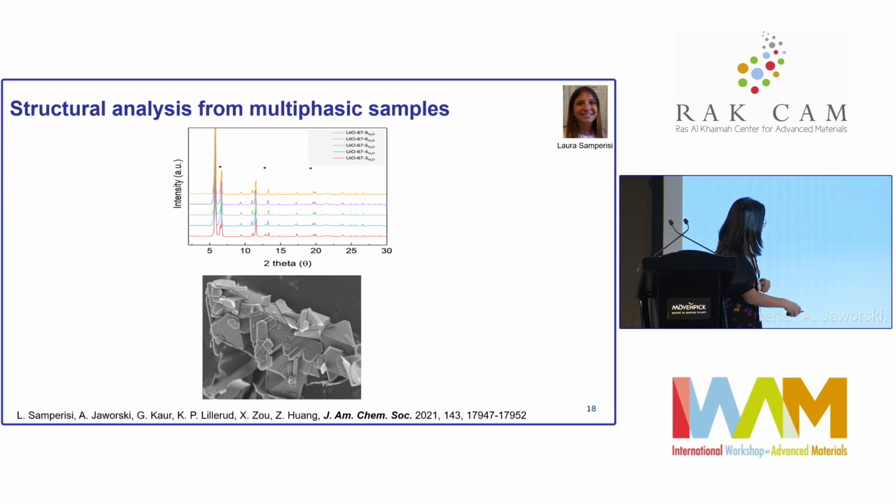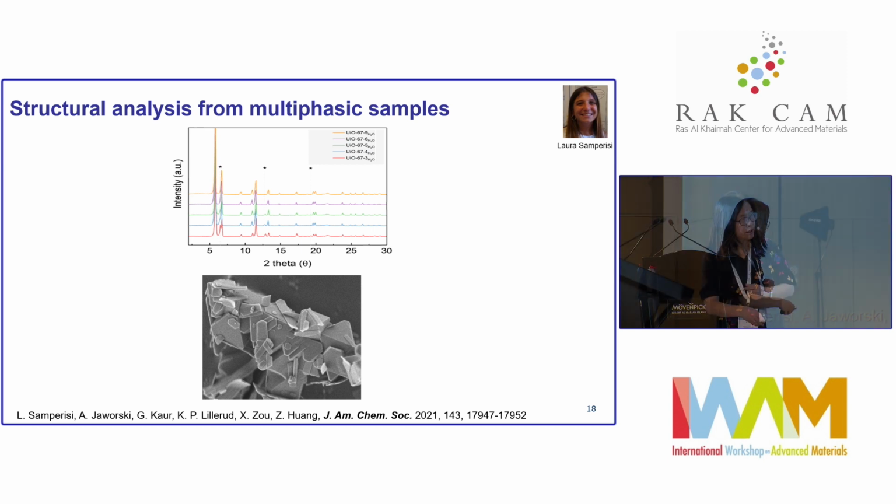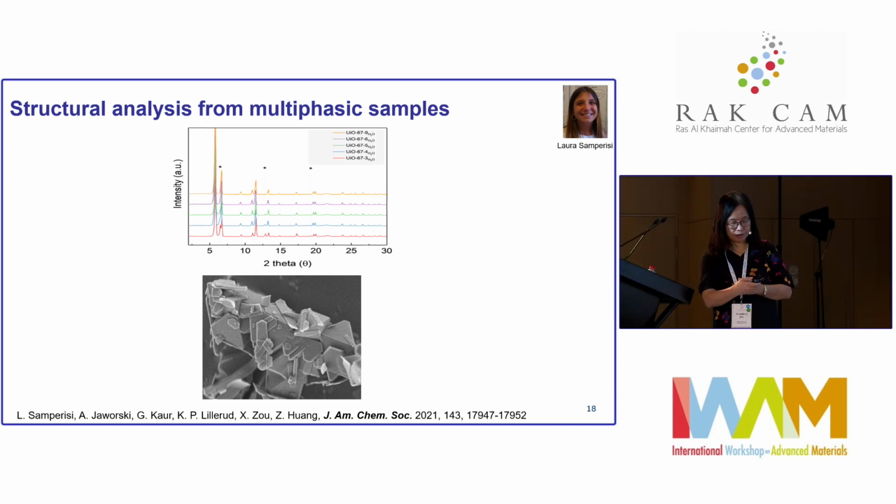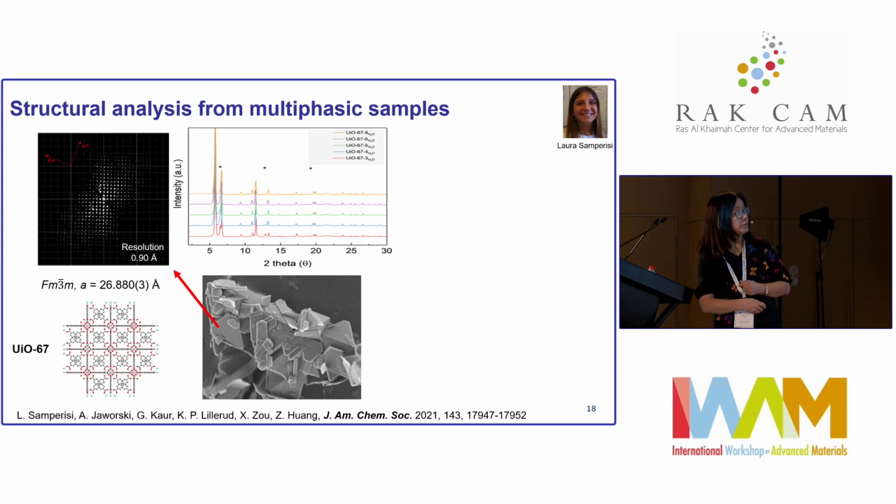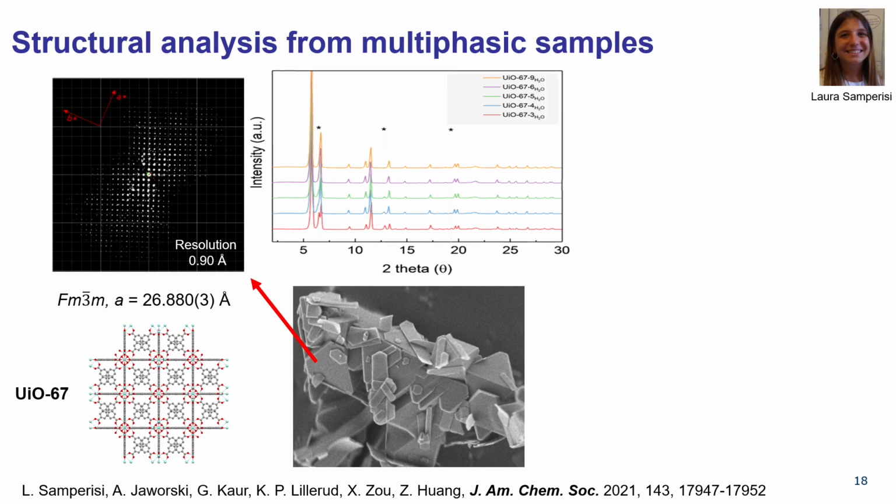If you look at the high resolution SEM images, you find the typical UiO-67, and you also have these plate-like crystals. Using electron diffraction, from this UiO-67 we could collect data with 0.9 angstrom resolution and solve the structure.